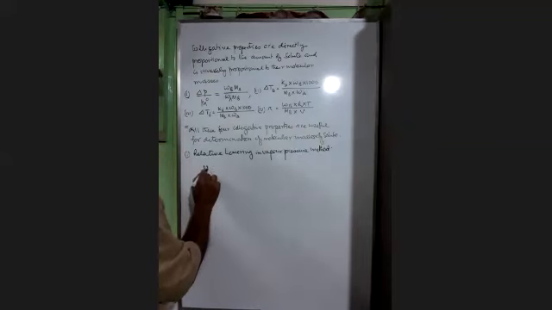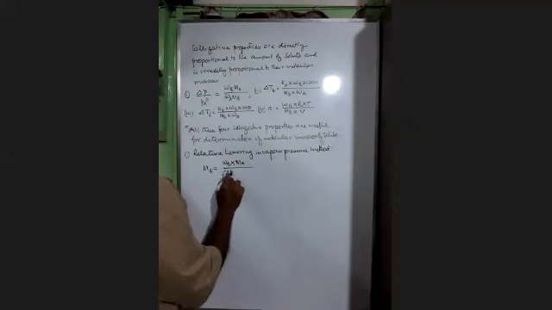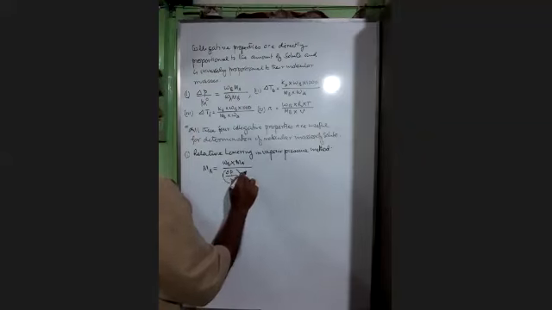So what is the molecular mass? MB is equal to WB MA by delta P by P0 into that. So by this method we can find.